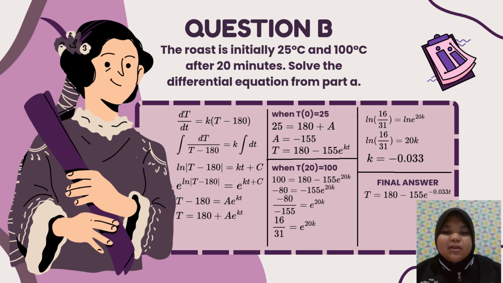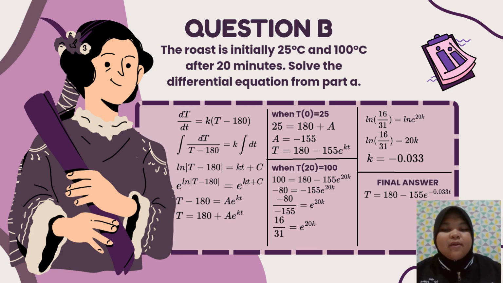After integration, we obtain ln of T minus 180 equals Kt plus C, where C is the constant of integration. We then rewrite this equation in exponential form to make it easier to work with.